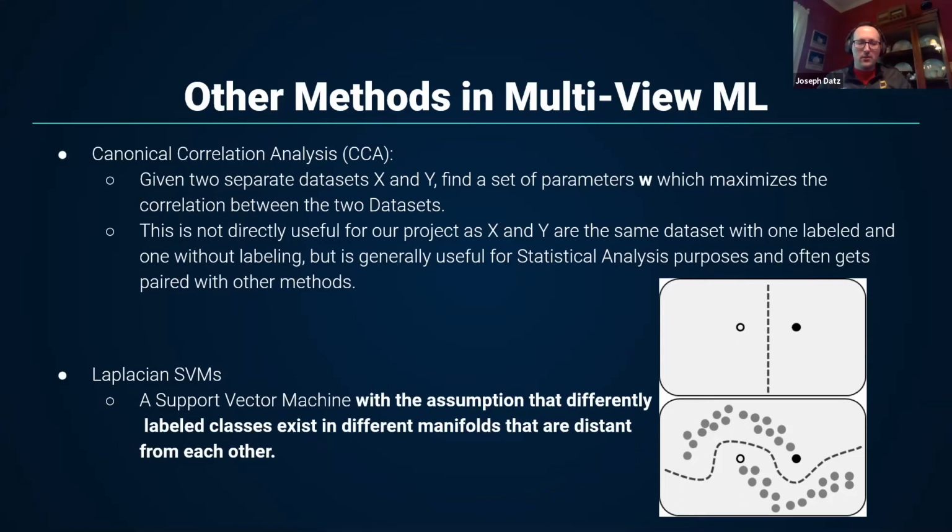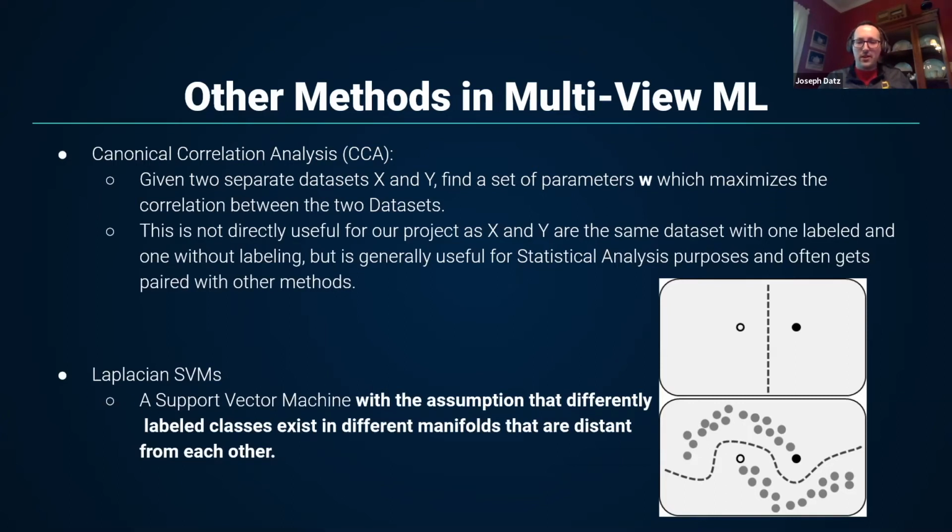The other algorithm that I have on this page that is much more modern is the Laplacian SVM. What makes it modern is that most modern semi-supervised machine learning algorithms tend to assume something about the shape of your data, and then use that shape in order to classify things.